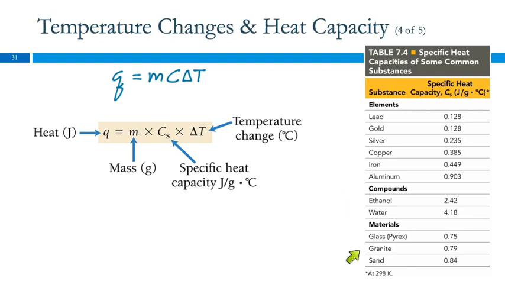Here's a table with specific heat capacities of some common substances, and we just go look those up. So we see there's a variety of values here going from like 0.128 all the way up to 4 for water. Here's some, these are not elements or compounds, but glass, granite, and sand.